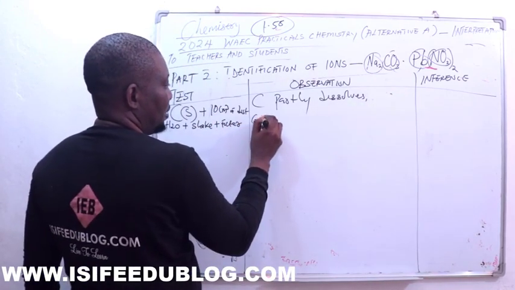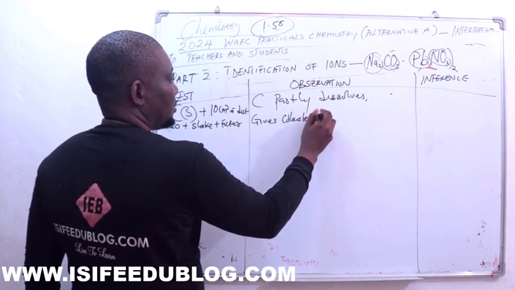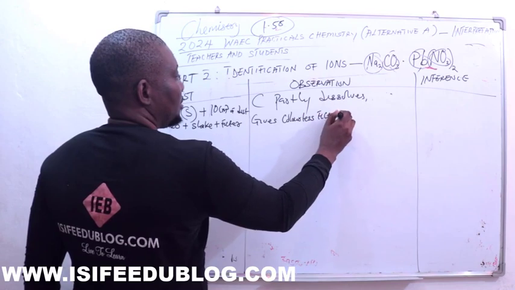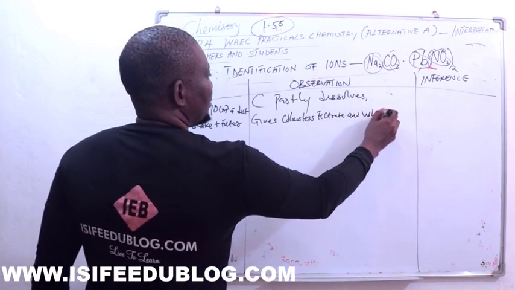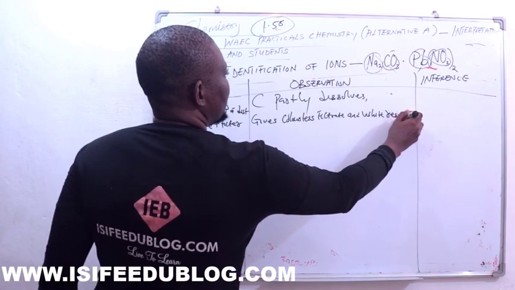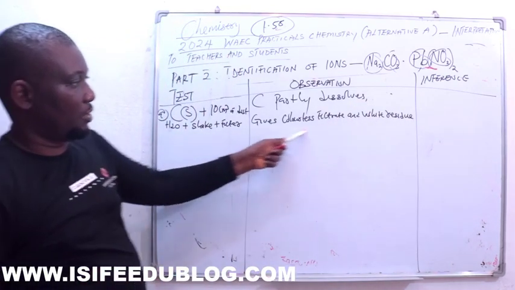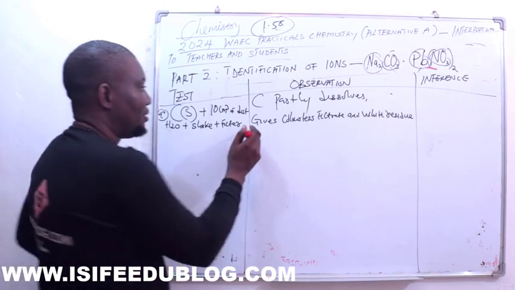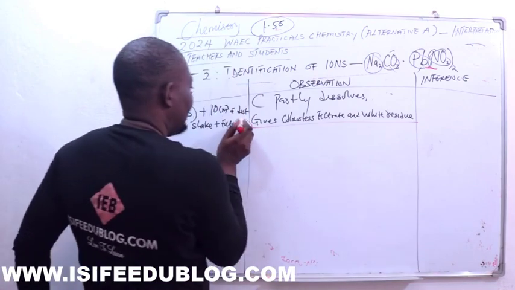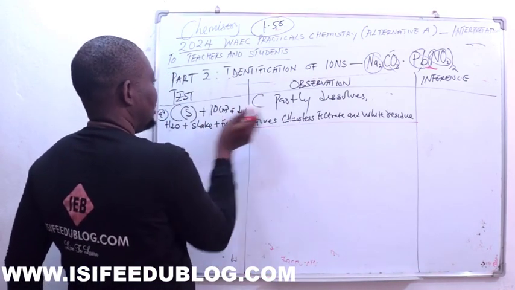So here it gives a colorless filtrate and a white residue. Okay, so that is what we have. Make sure that whatever you are writing under observation is in line with the inference, just like this is in line with this.